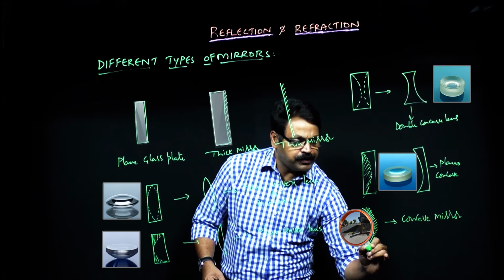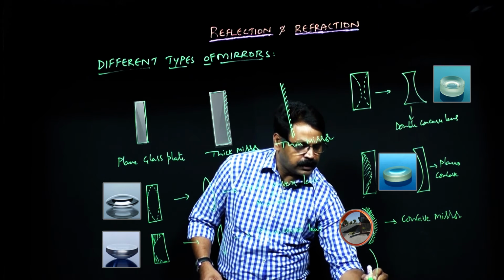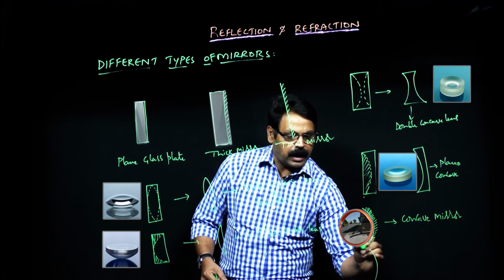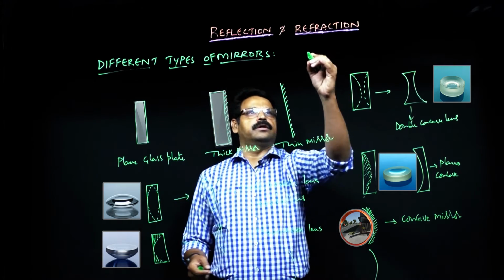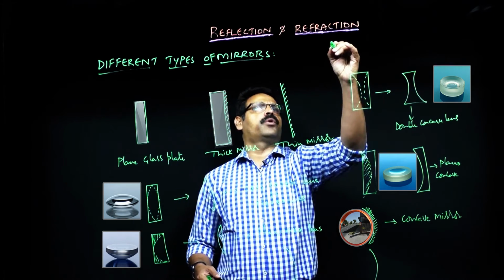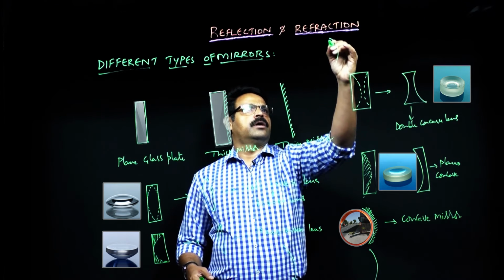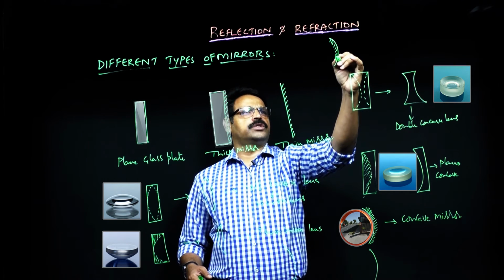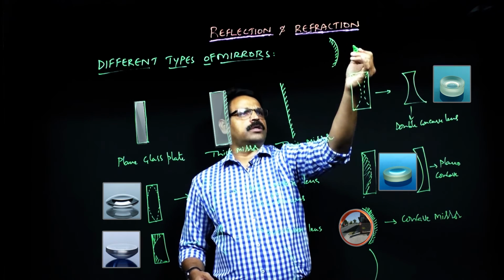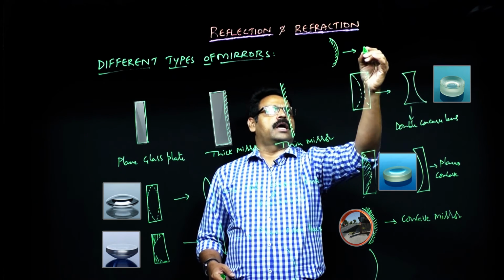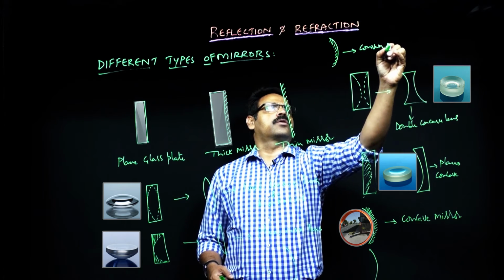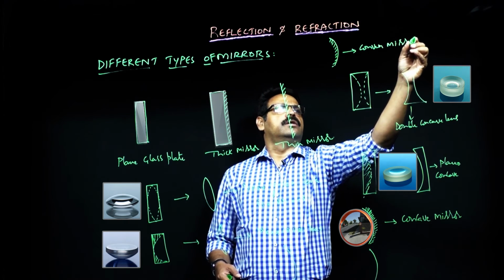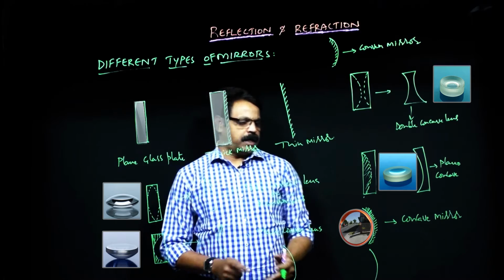And if you take a mirror and polish the valley side, not the bulge side, it is called a convex mirror. So these are the various instruments we have.